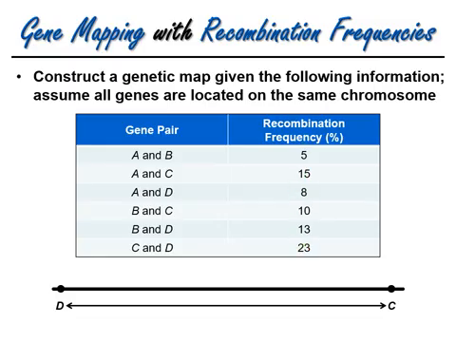Okay, so now let's look at the next largest number. So 15. A and C are 15 away. So that means that A could be 15 map units in this direction. But the problem with that is that then A and D would be 23 plus 15, 38. And then we see A and D are 8. So that's not the way we go. So that tells us that A is going to be somewhere over here, right?